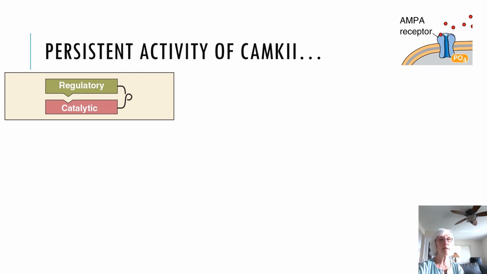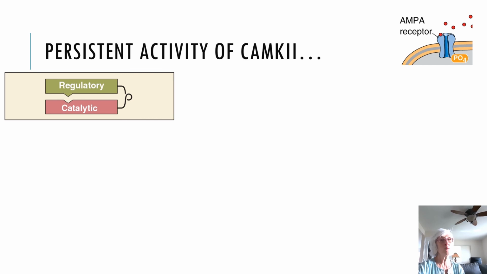And the reason that that's true is that we need to have AMPA receptors embedded in our membranes over and over again, because those AMPA receptors are always turning over. The ones that are in the membrane are going to be taken in, and new ones are going to be put in their place. So there's this turnover of receptors.